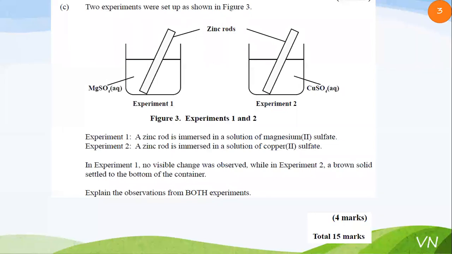So let me hear your thoughts here quickly before I start discussing the answer. Why is it that in the first experiment there is no visible change, and in the second we have a brown solid settling to the bottom?